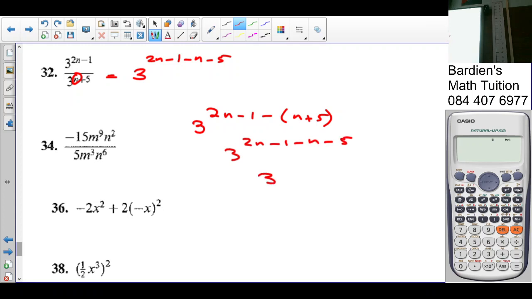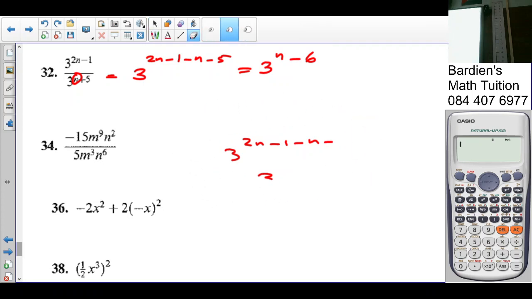Which is 3 to the 2n minus n is n, minus 1 minus 5 is minus 6. Okay. Any confusion here? Next.